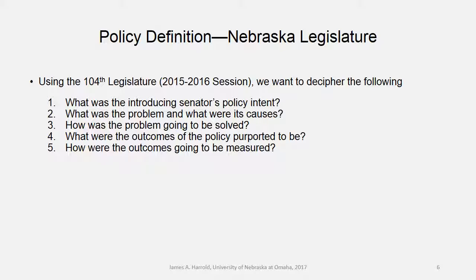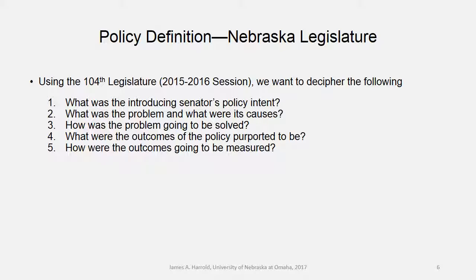That leads to the fifth question. How are the outcomes going to be measured? So generally in that K-12 school example, if this senator says, let's increase the sales tax by 1%, it's going to net us X million dollars for the state budget, which we commit to public schools. Okay, how do we measure outcomes? Well, we might look at the standardized test scores of students in, for example, 4th, 8th, and 10th grade.